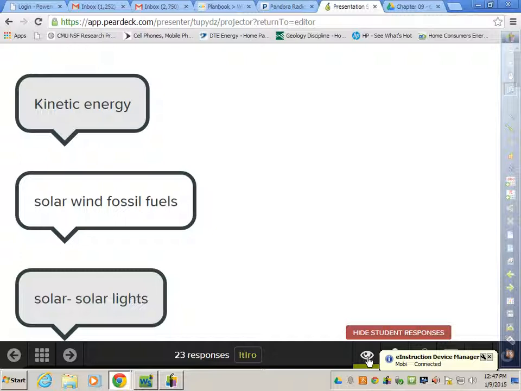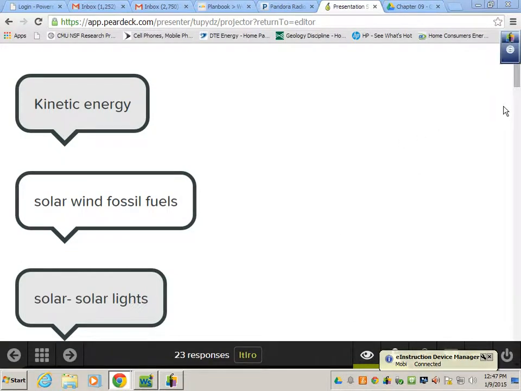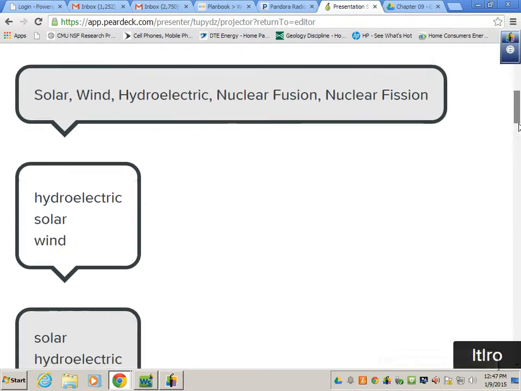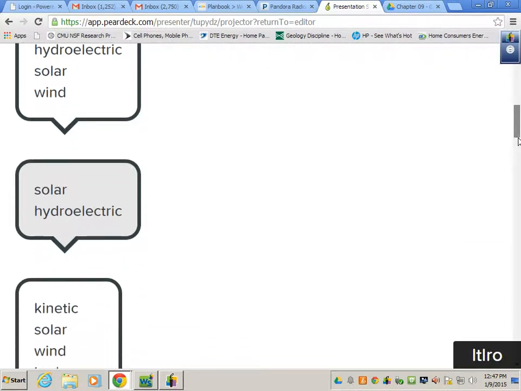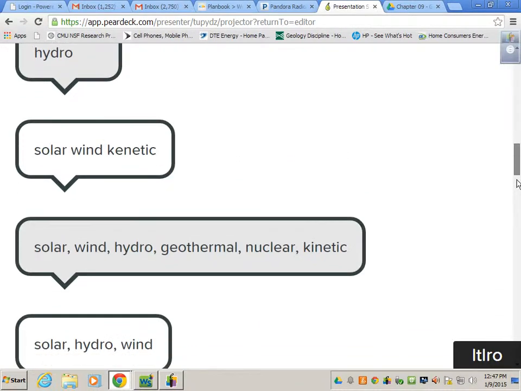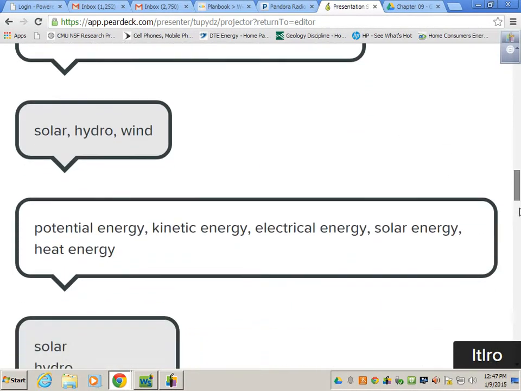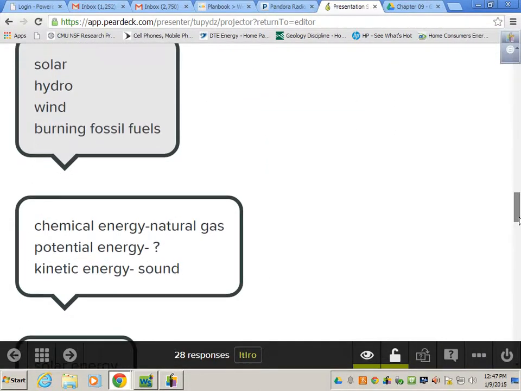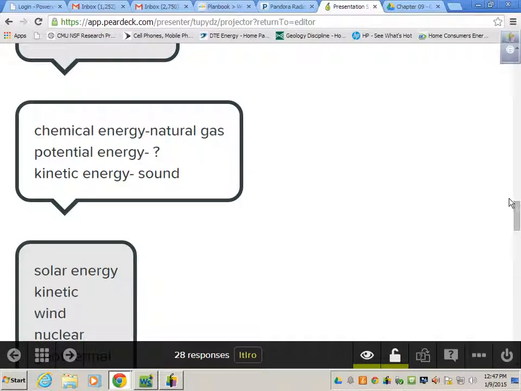Solar, wind, fossil fuels, right? Let's see if we have hydroelectric. There's a new one, nuclear energy, fission and fusion. Any new ones? Geothermal, there's a good one. So lots of different forms of energy.